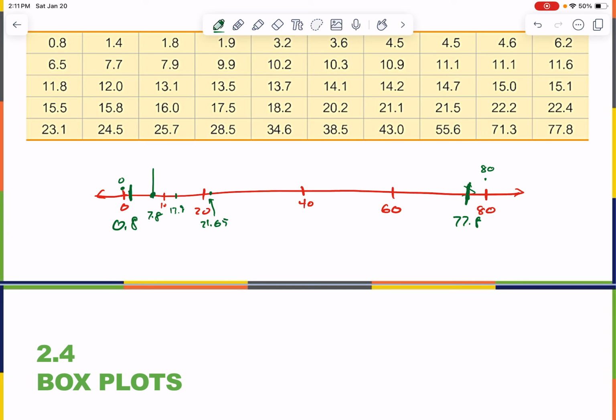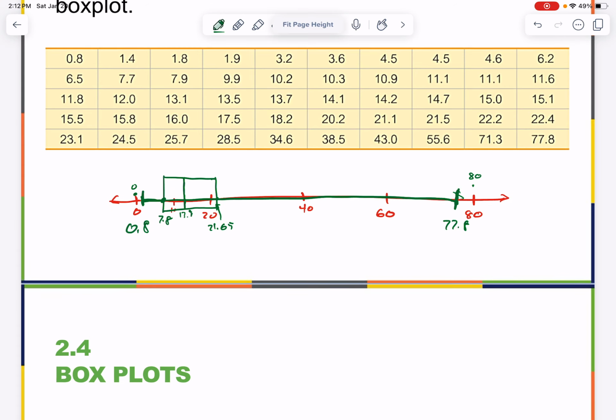The box is going to be from the first quartile to the third quartile, with a line in the middle, just like that. And then I'm going to draw the whiskers, and they're going to go from the minimum all the way to the maximum, right there like that. And that's my box plot.